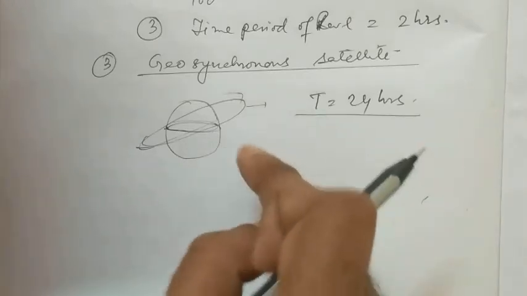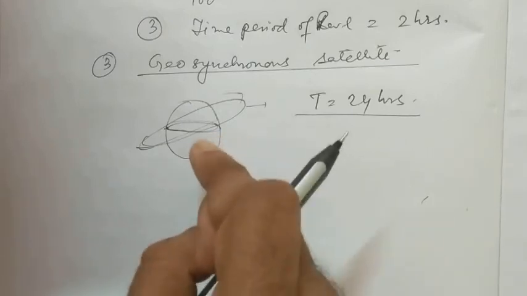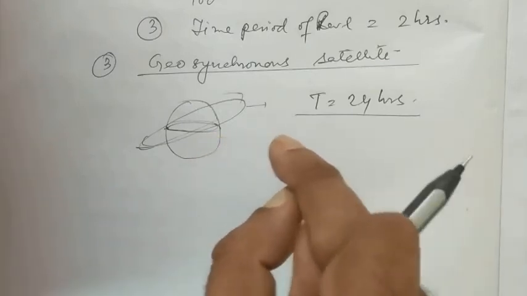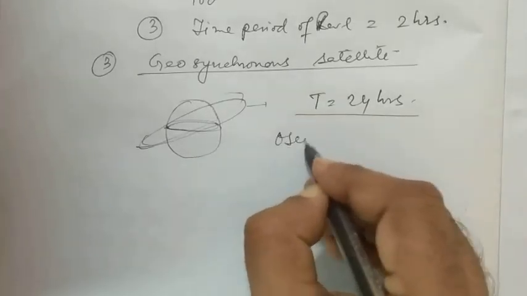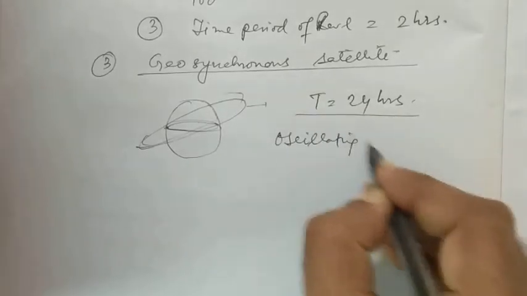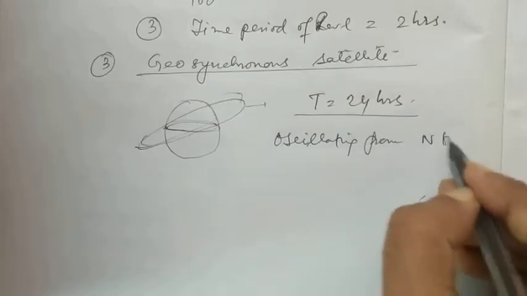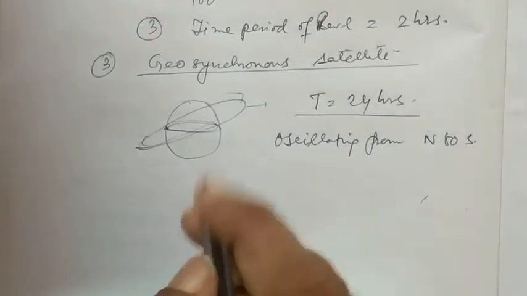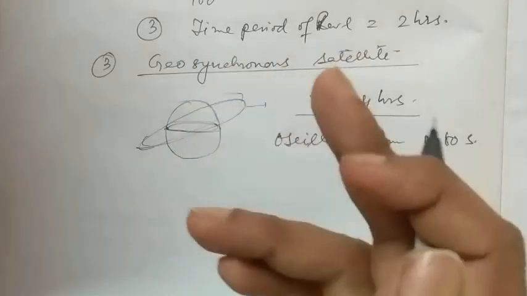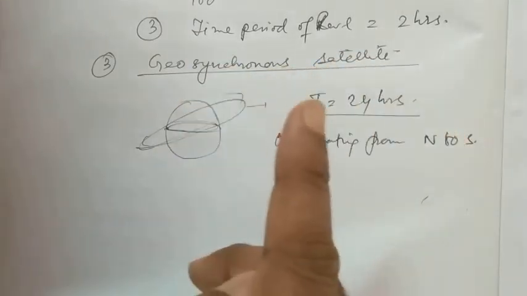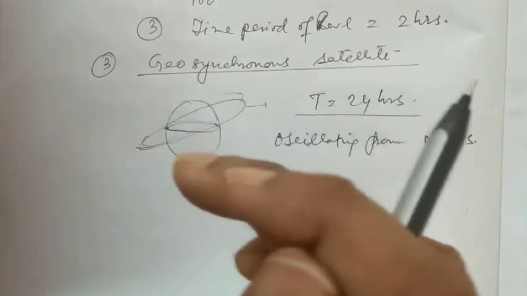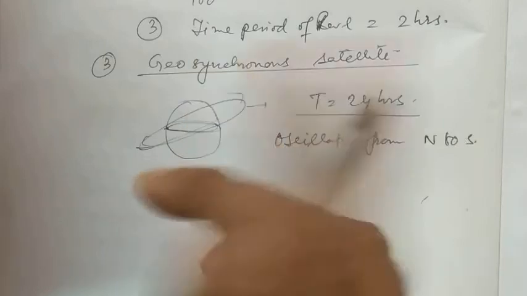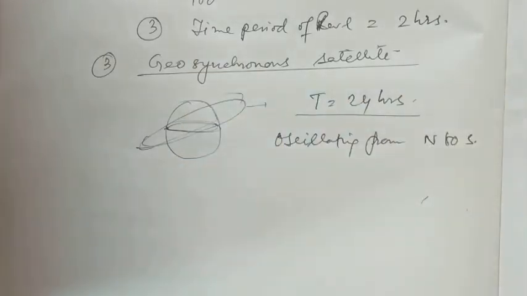But for the geosynchronous case, the artificial satellite is oscillating from north to south along a longitude and completes one oscillation in 24 hours. Such satellites are called geosynchronous satellites.